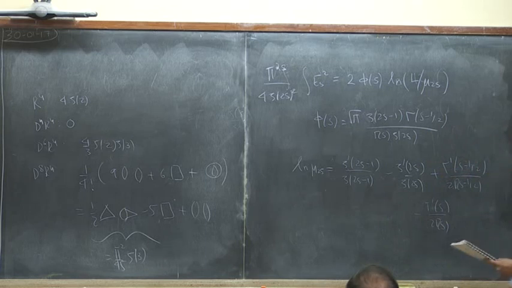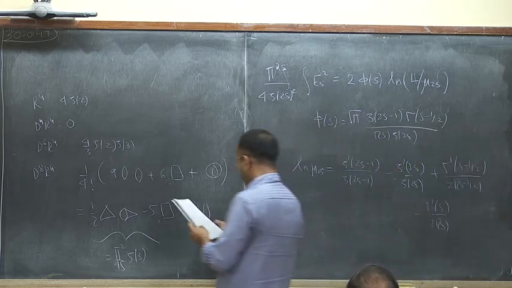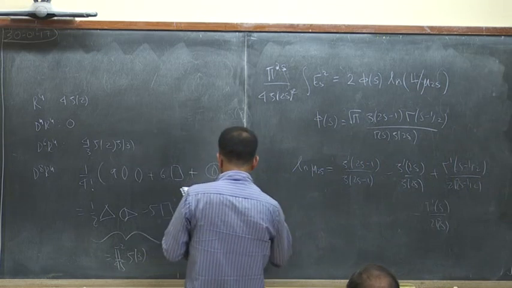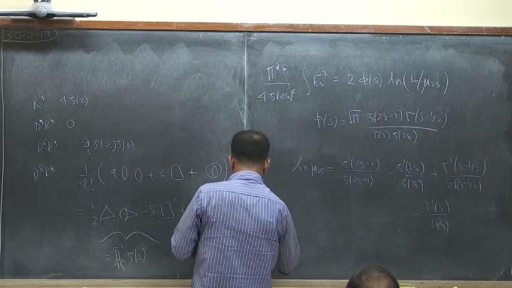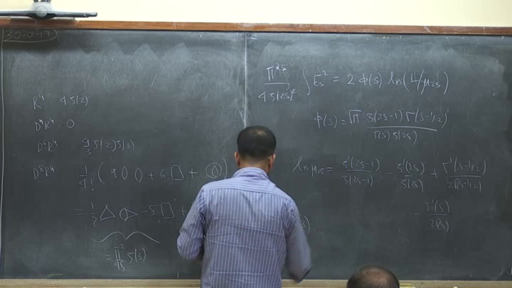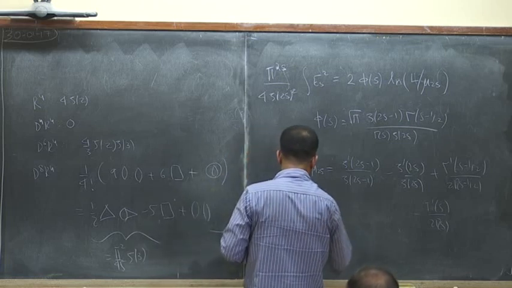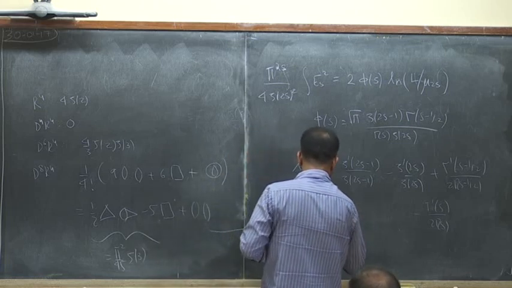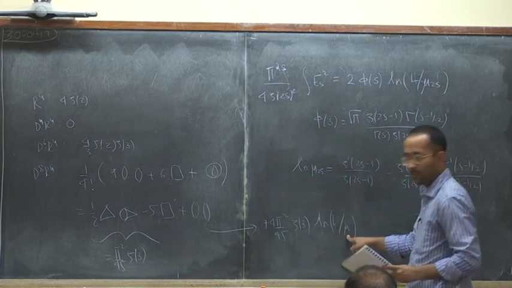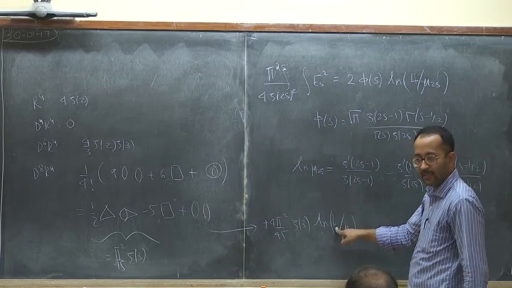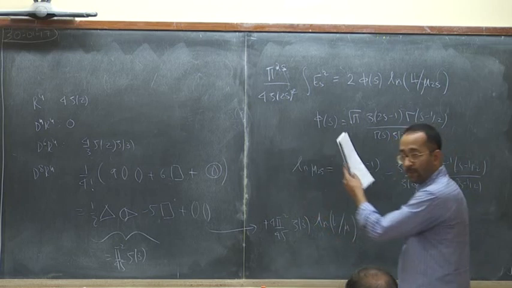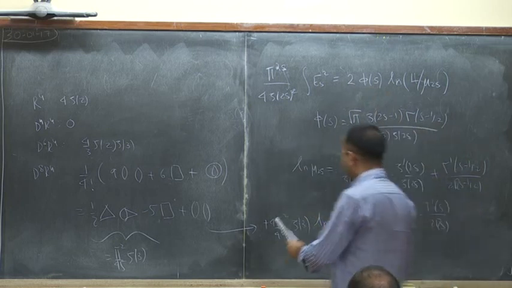So when you plug this in here, this gives you really minus 4 pi squared by 45, essentially log L. So this gives you a finite term. But now this log L is a signal that when you do the other part, which is left out, you get a contribution.